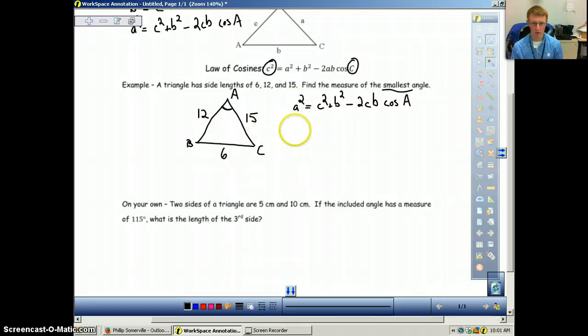Plug in A, 6 squared equals, and then here we have 12 squared plus 15 squared minus 2 times 12. It doesn't really matter. I did that in the wrong order, but that's okay. Cosine of A, and then again, we're just going to do everything we need to break this down so we can solve for A. So we get 36 equals 369 minus 360 cosine of A.